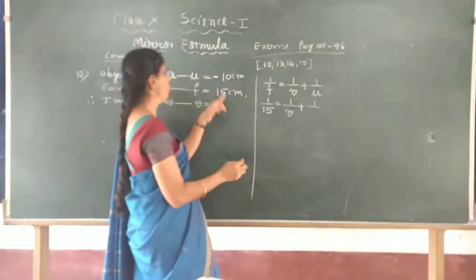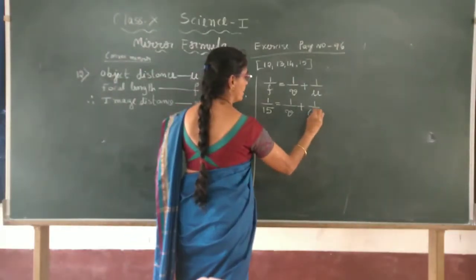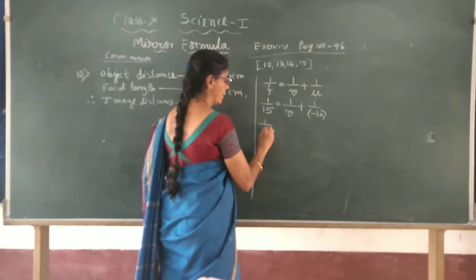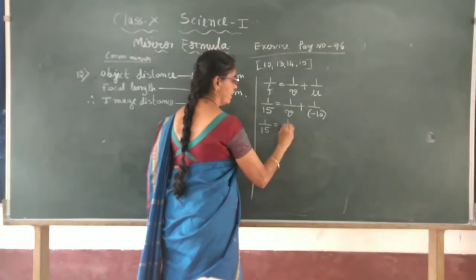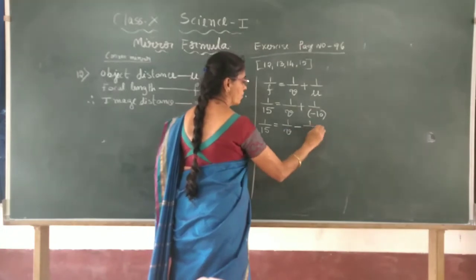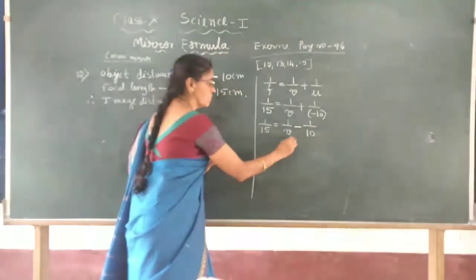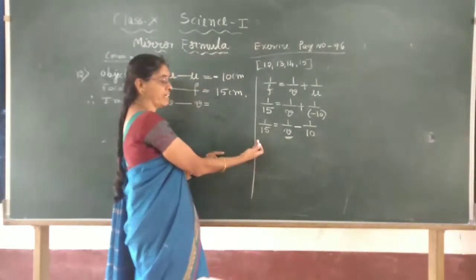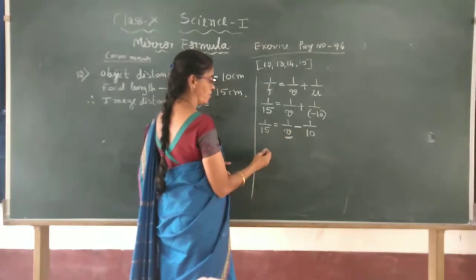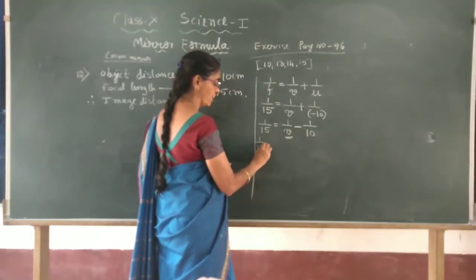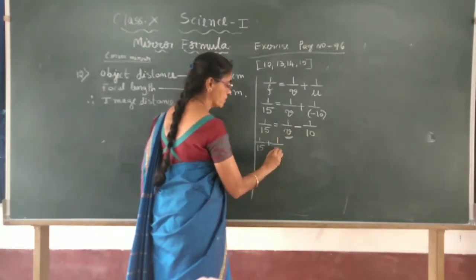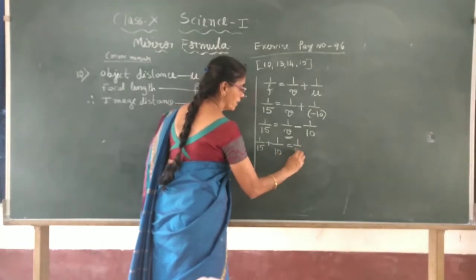Now u is minus 10, so already one sign is there, so I will use the bracket, minus 10. If I open the bracket, plus and minus multiply to give minus only, so minus 1 by 10. Now I want the v value, so I have to bring the minus 1 by 10 to the other side of the equal sign, and you know the rule, minus will change into plus. So already I have 1 by 15 on the left hand side, and minus 1 by 10 will change into plus. So 1 by 15 plus 1 by 10 is equal to 1 by v.